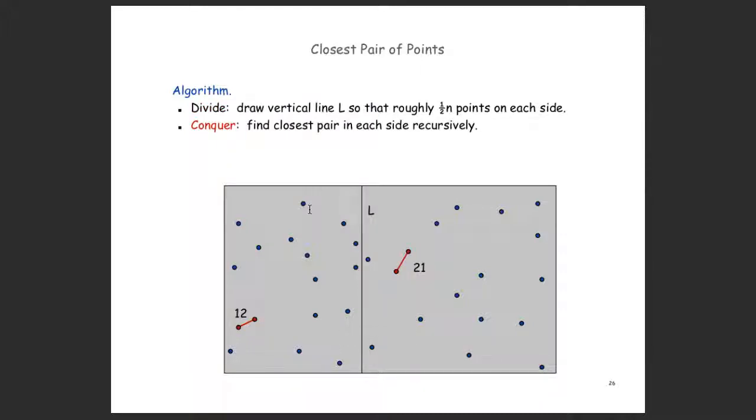I could hope, but there's no guarantee. What can I do? One thing I can do is draw a vertical line so that roughly half the number of points are on each side.